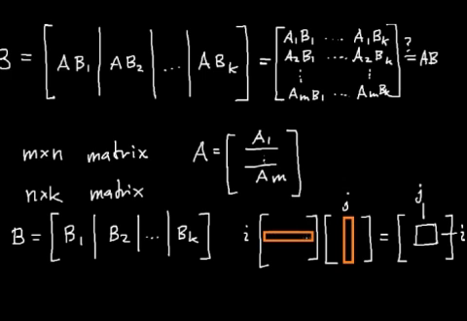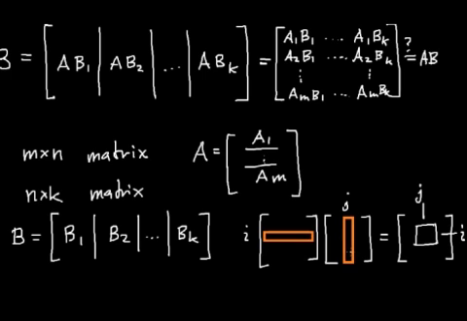Their number, by the way, will match. The number of entries in the ith row will be exactly n, and the number of entries in the jth column will also be n, because A was an m by n matrix and B was an n by k matrix. And so we're going to multiply them term by term and then add these products.